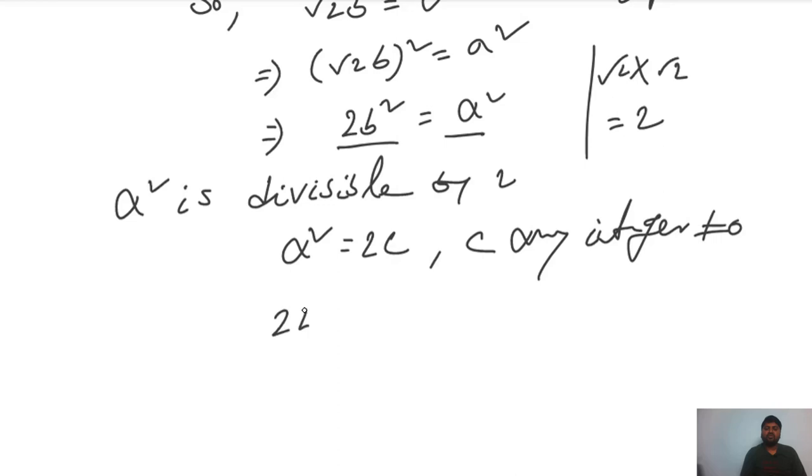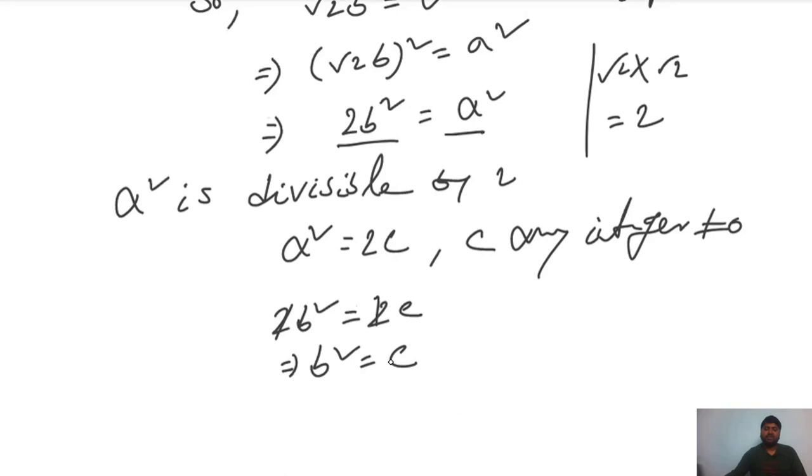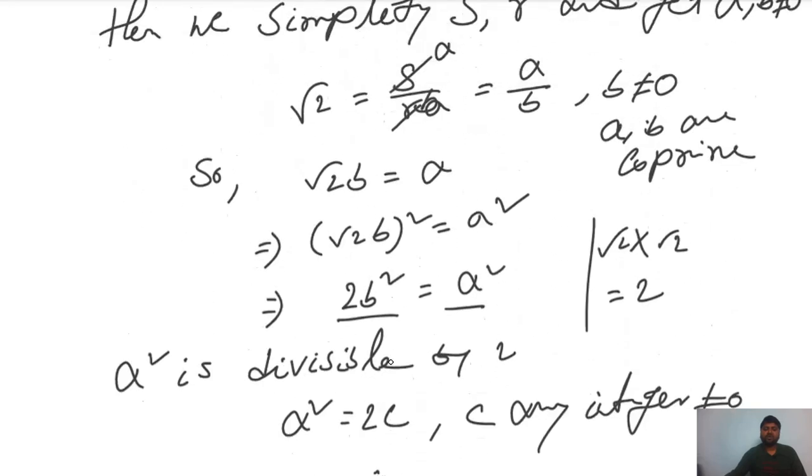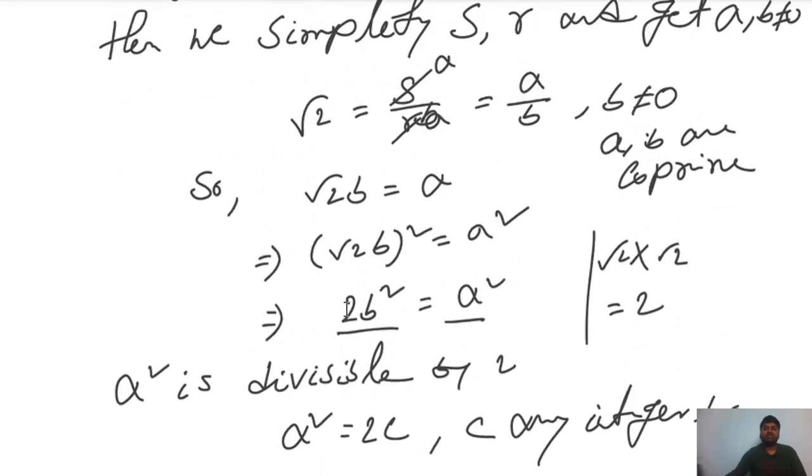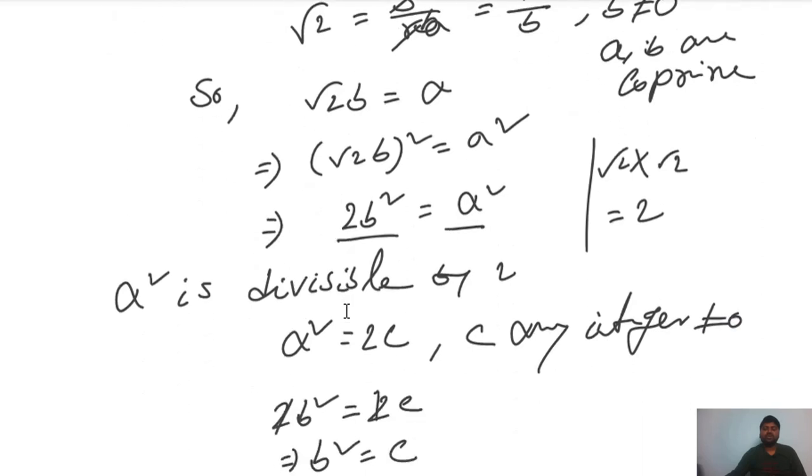Then 2b square equals 2c, that means b square equals c. So a square is divisible by 2.